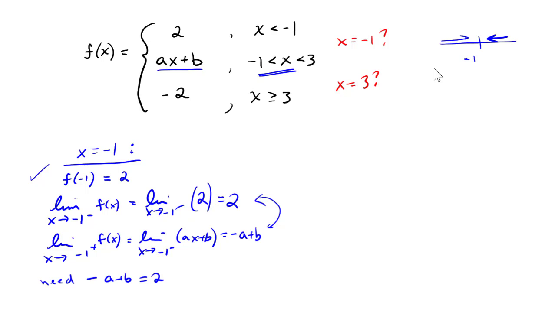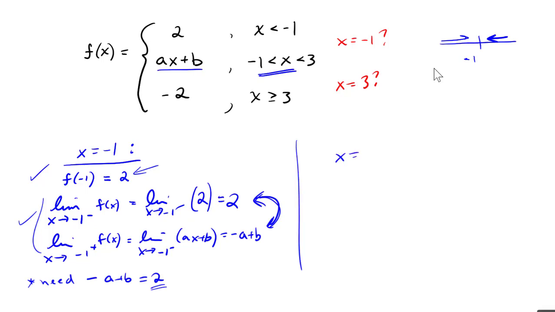That's the only way that these two would be the same, and hence I would get the limit being defined. Furthermore, if they both equal 2, then that would equal the function value there, and I would get continuity. So I definitely need that. But I need more. I can't figure out a and b from there.